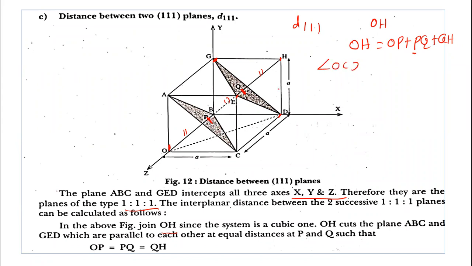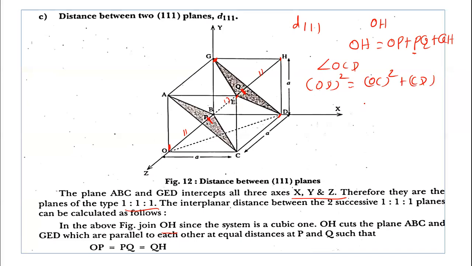To find the interplanar distance PQ, consider the right angle triangle OCD, with O, C and D. According to the Pythagoras theorem, OD square is equal to OC square plus CD square.